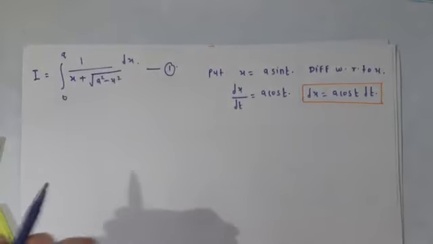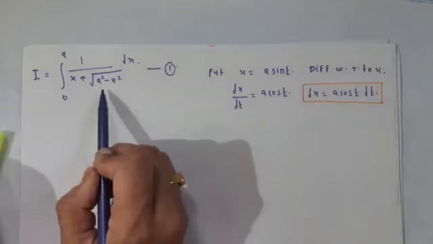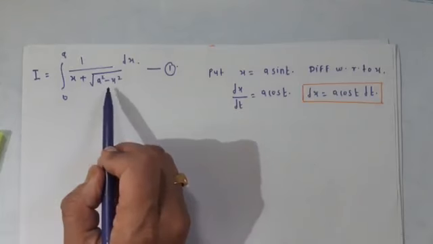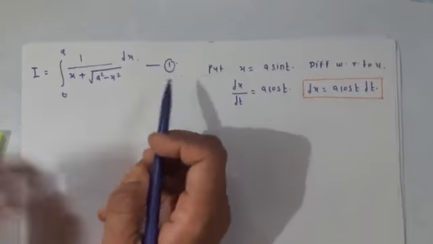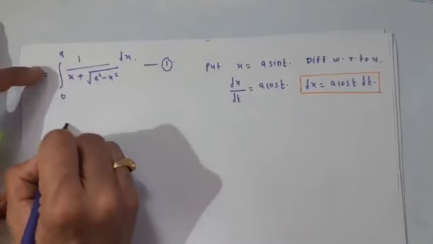I have given you the substitution chart; in that chart, for such types of square roots, we give this substitution. Now change the limits according to the substitution.